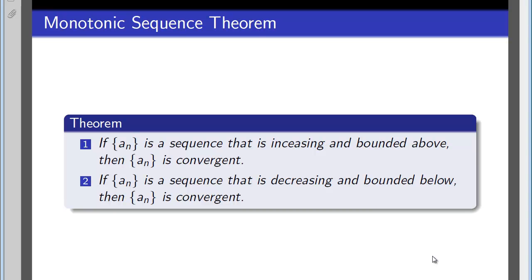Or if it decreases and is bounded below, then it is also convergent, where this test or theorem is called the monotonic sequence theorem. And by this theorem we complete the review of this section.